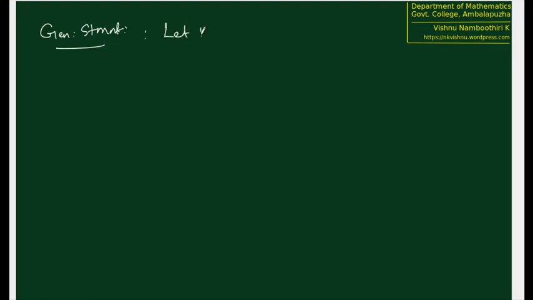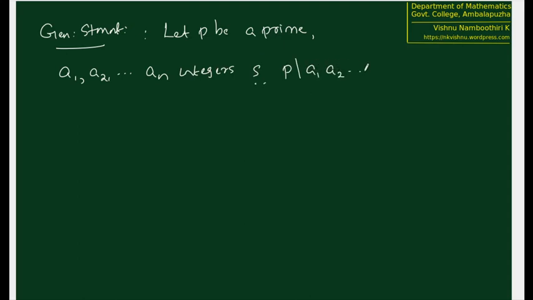Let P be a prime, as in the previous case, and A1, A2, etc., An integers such that P divides A1 into A2 into etc. An, the product.